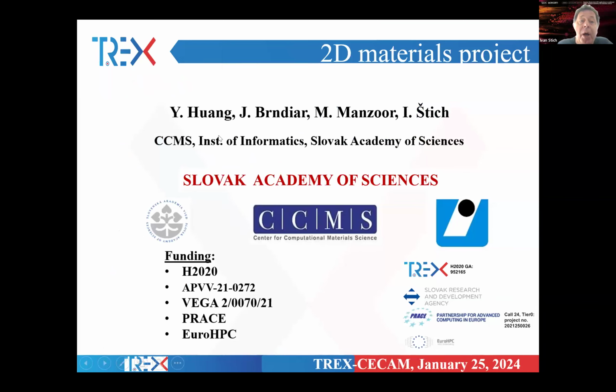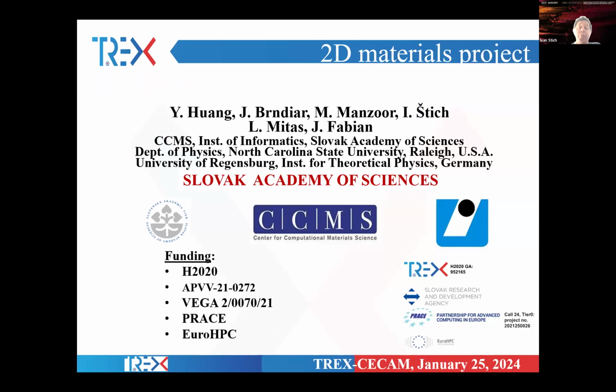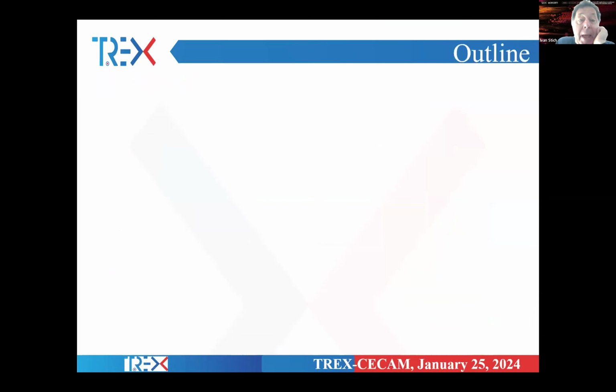These first two people are those who did most of these calculations, but we were also very happy to have two more people involved in our project, namely Luboš Mitáš, who is the so-called titan in QMC, and also Professor Fabian, who is very knowledgeable about 2D systems.